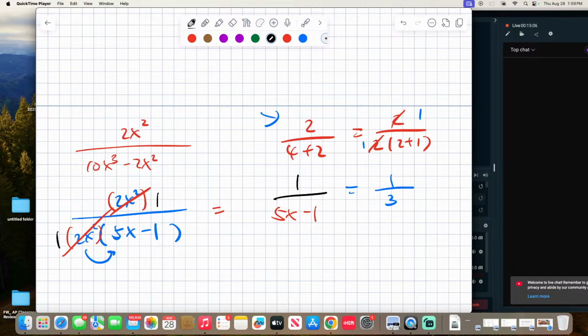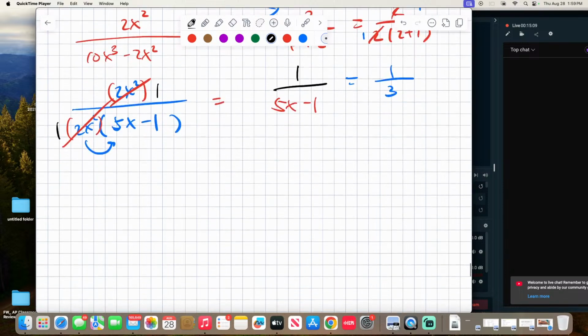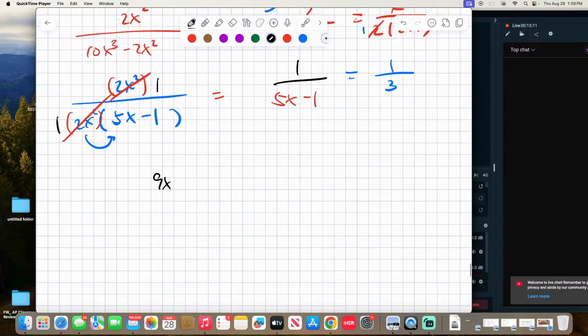Okay, are we okay here? Yeah. Okay. I am going to ask you to simplify this one. And this becomes a lot of factoring questions.